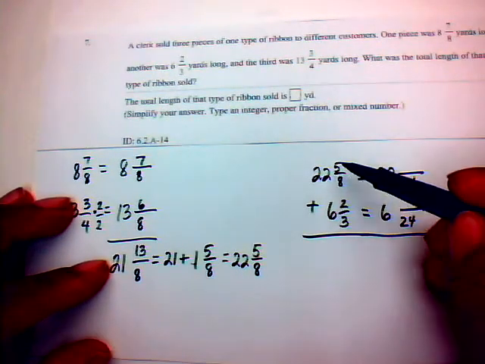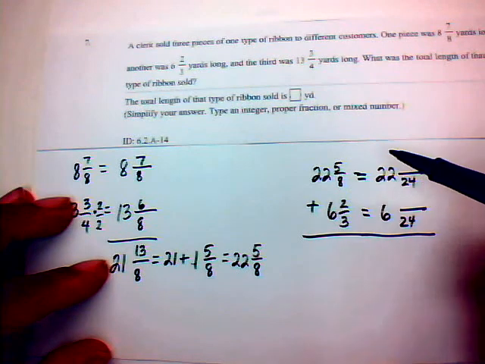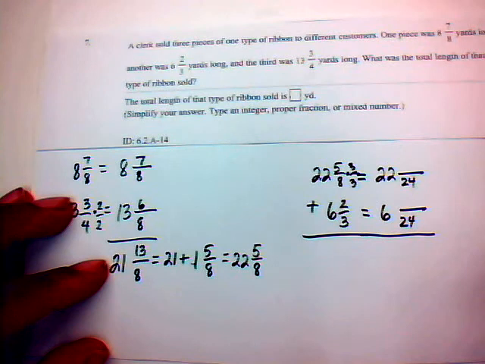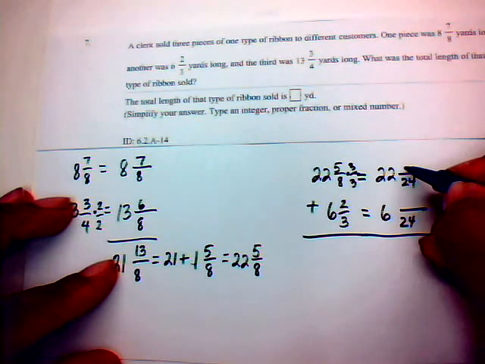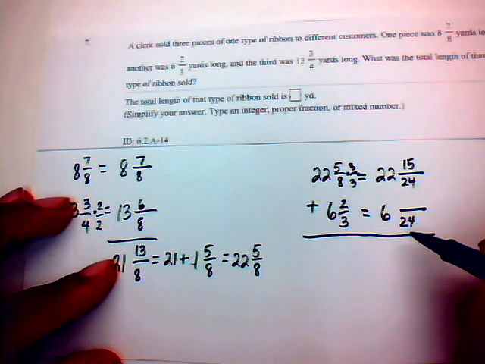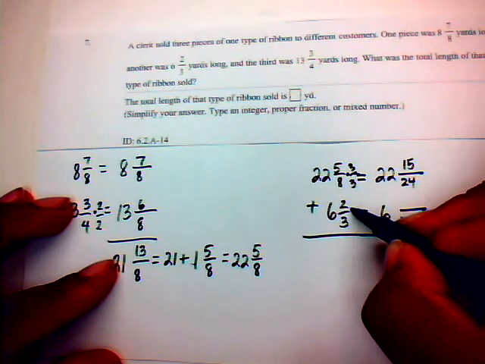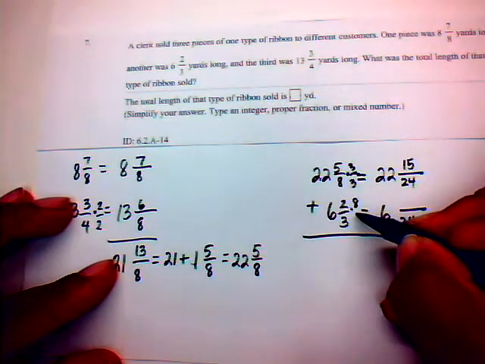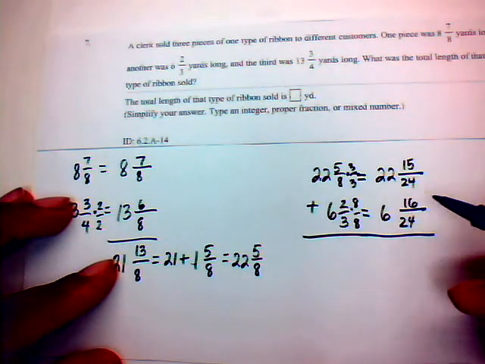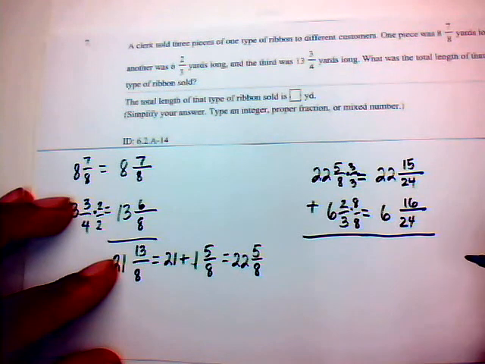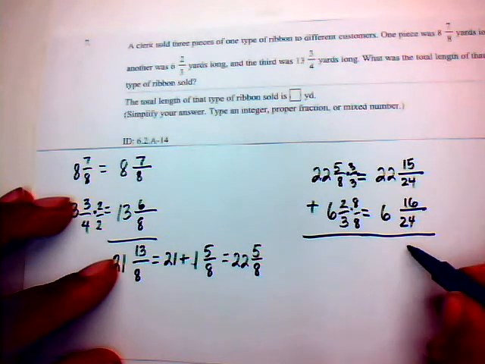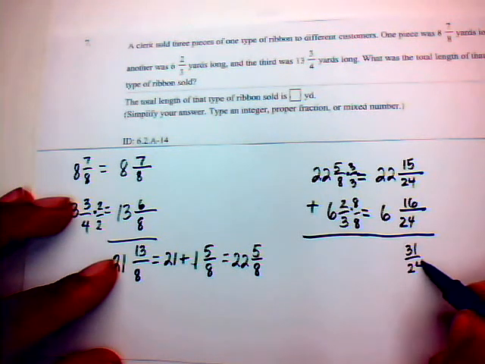So for an equivalent fraction of 5/8 with a common denominator of 24, I need to multiply the numerator and the denominator by 3. So 5 times 3 will be 15. And for 2/3 with the common denominator of 24, I need to multiply the numerator and the denominator by 8. So 2 times 8 is 16. So 15/24 plus 16/24 will be 31/24.